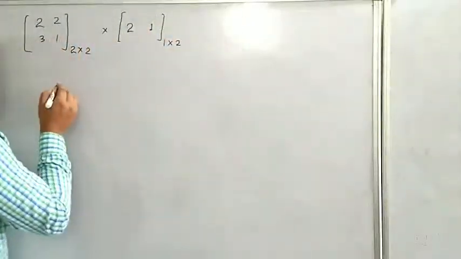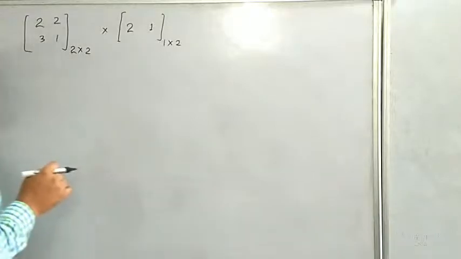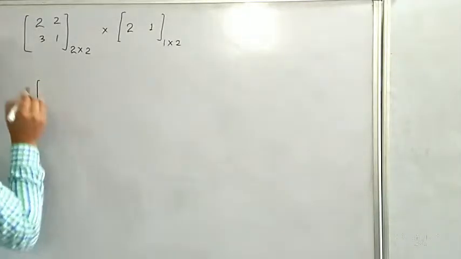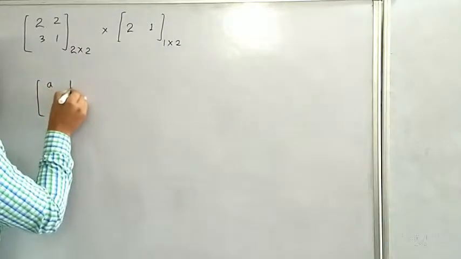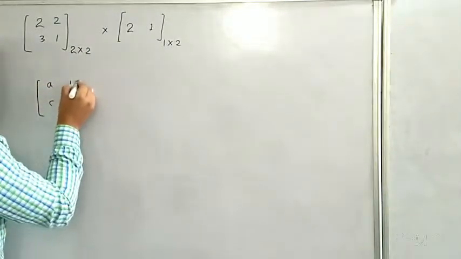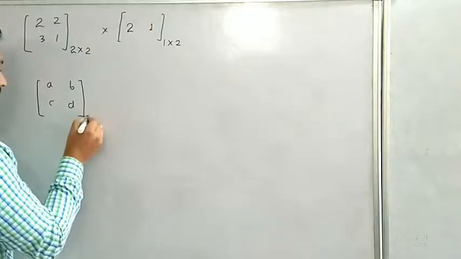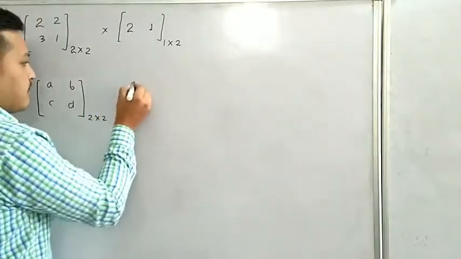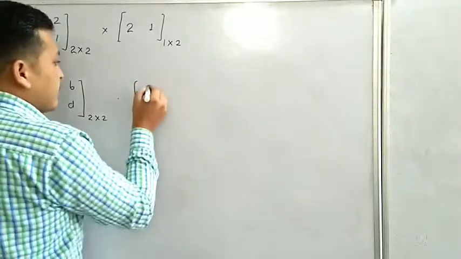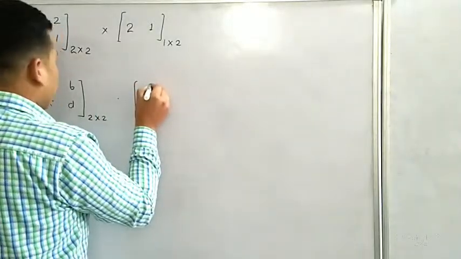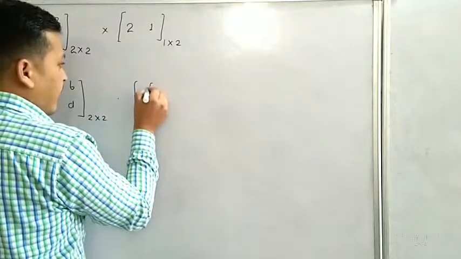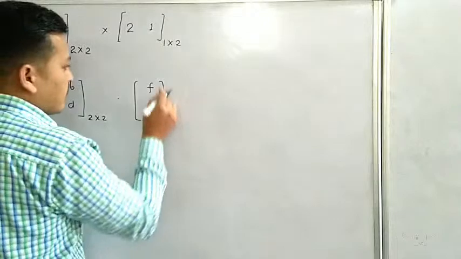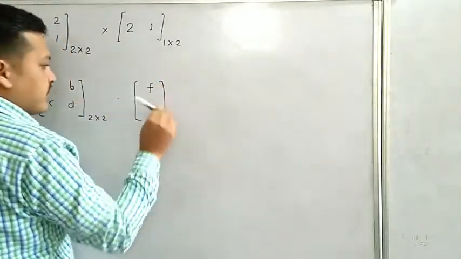If you want to check whether the product of the matrices is possible or not, we can take the help of one condition. For example, one matrix is [A B; C D] and its order is 2 cross 2, multiplied by another matrix [F; G], whose order is 2 cross 1, with two rows and one column.